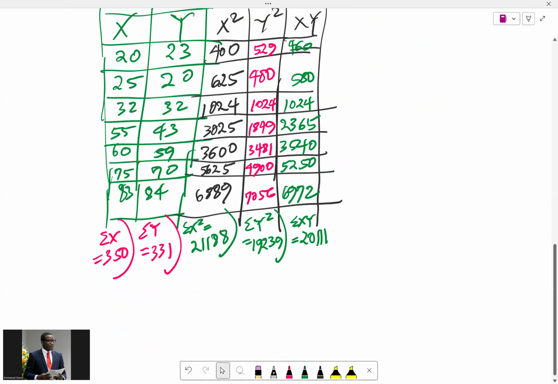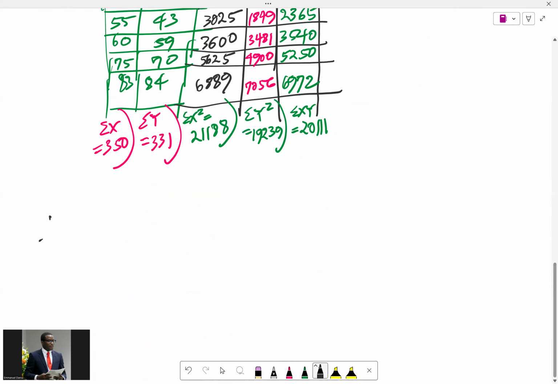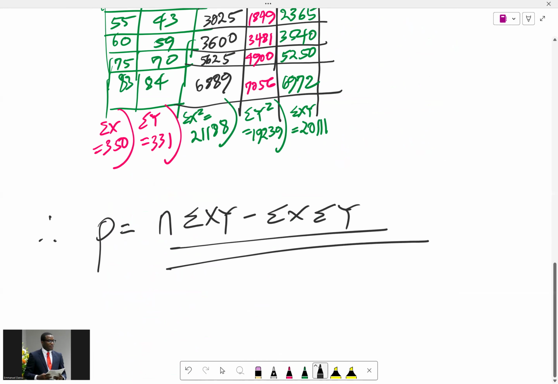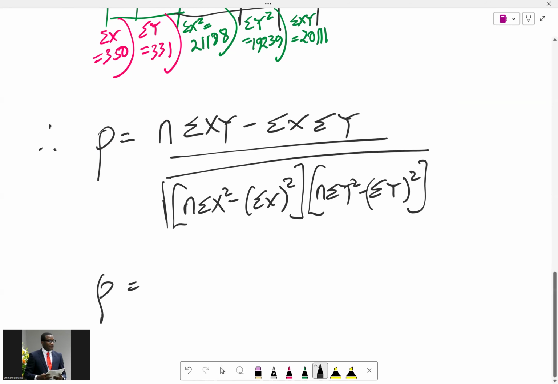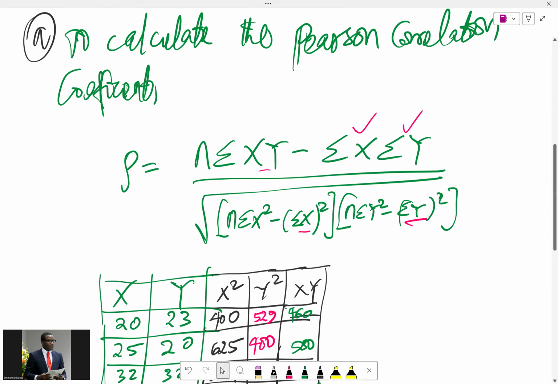So we can say therefore rho, which is the correlation coefficient. Again, I just did the formula: summation xy minus summation x times summation y, divided by the square root of n summation x squared minus summation x all squared, into n summation y squared minus summation y all squared. So we put all the values together. Again, we need to know n, right?